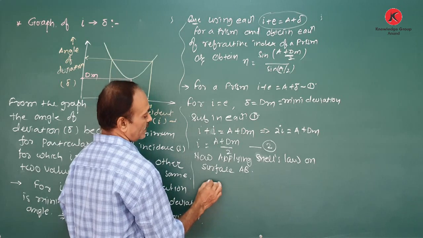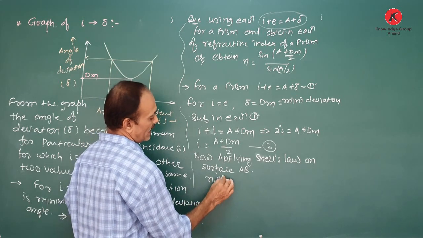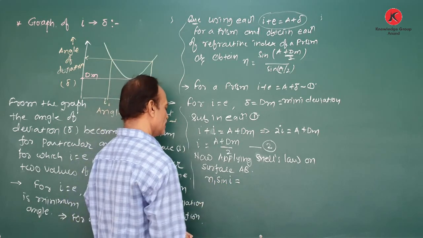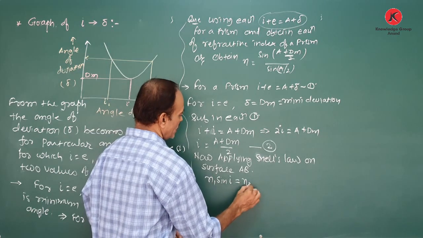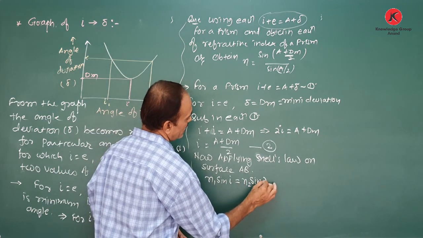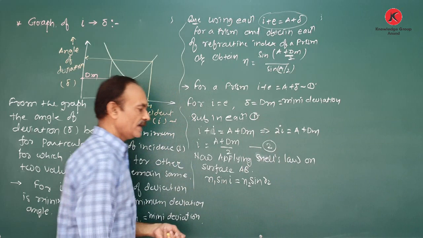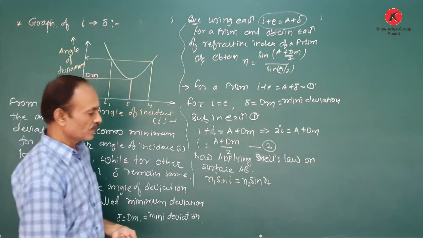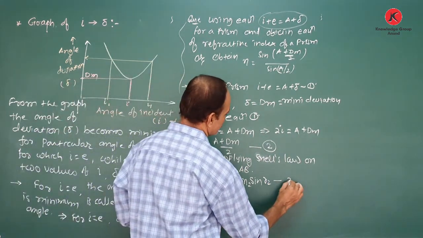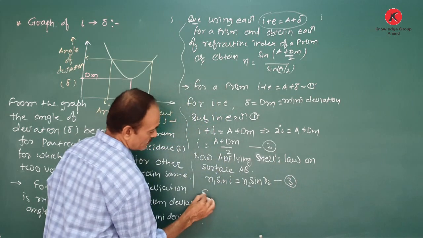N1 sin I is equal to N2 sin R1, and N2 sin R2 is equation number 3.